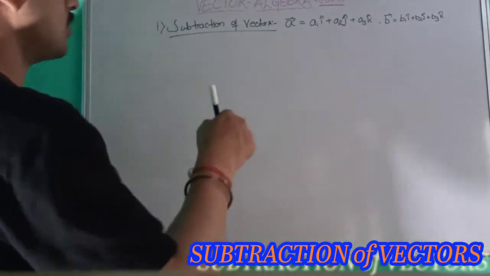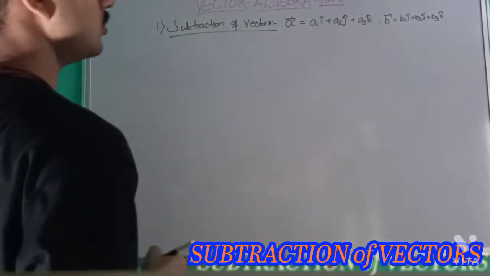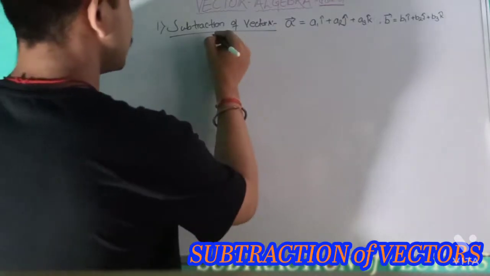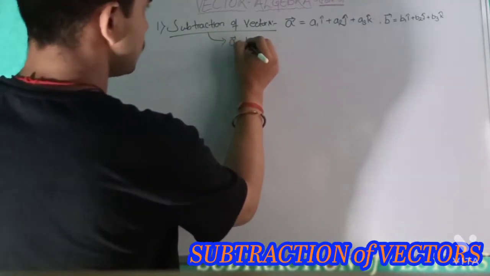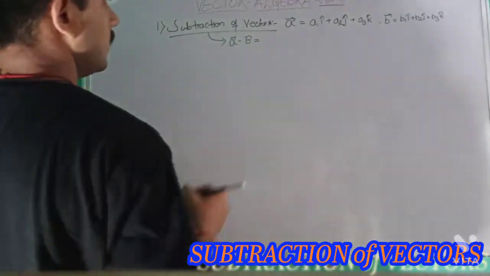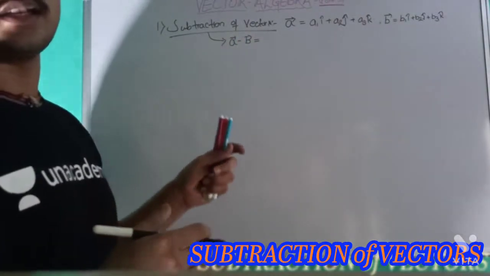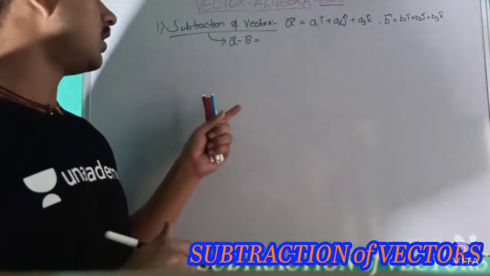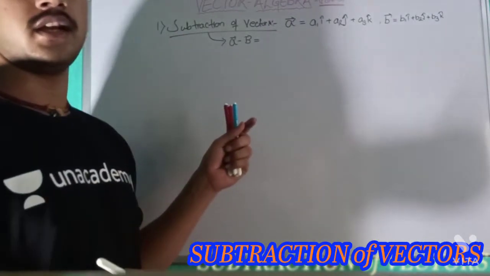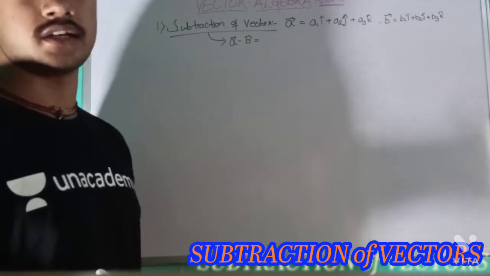So what we need to do now? The procedure for finding out a minus b, that is a subtraction, a vector minus b vector, is much similar to the one that I have explained to you in the first part, that is addition of two vectors.